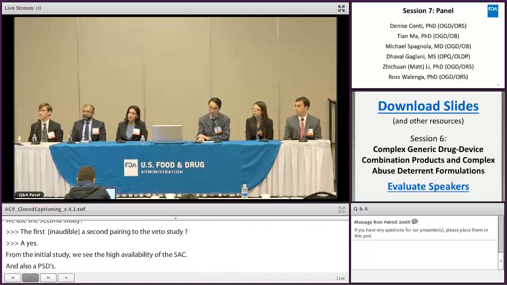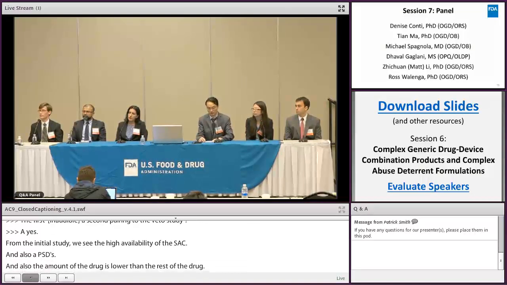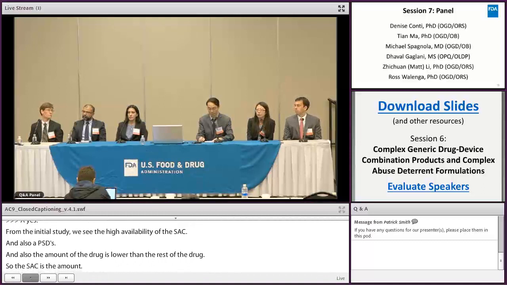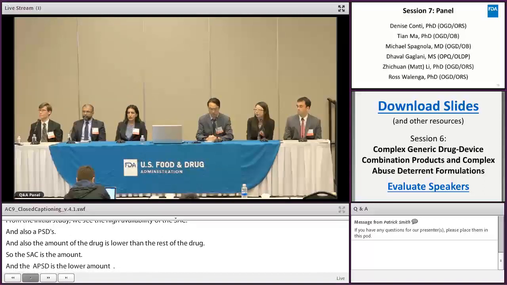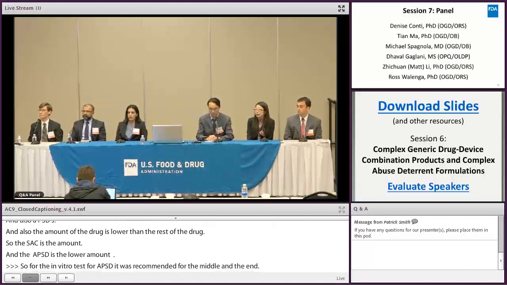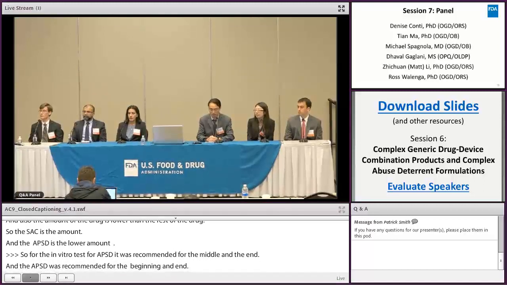So the SAC is the amount, and APSD and the total amount is also always lower for the first blister. Because the in vitro test for SAC is recommended for the beginning, middle, and end, and APSD is recommended for the beginning and end, as long as the blister that you use meets the beginning life stage definition, I think in general we will be okay with that.